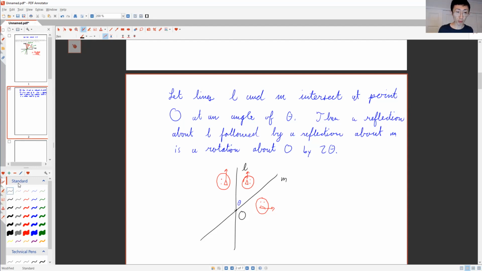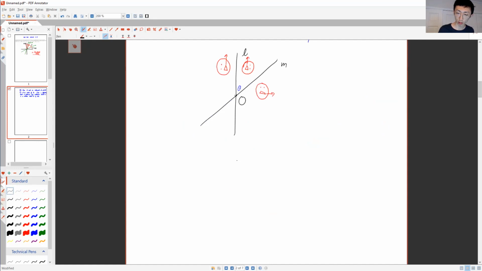So let's see if we can prove it for a single point. If you have this point P, and you reflect it over L to P1, one thing you can notice is that, by definition of reflection, this is a right angle and those two are equal.